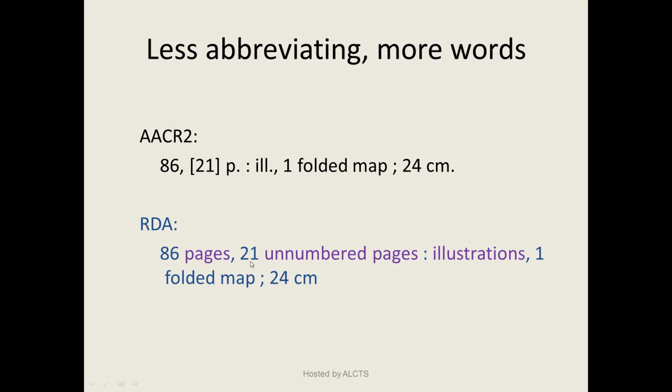If there are 21 unnumbered pages, we will say so in words. I do want to mention, you'll see that we retain the cm for centimeters. Cm is considered a symbol and not an abbreviation, so that still will be as it appears here. In addition, we're still using some abbreviations for durations and measurements.